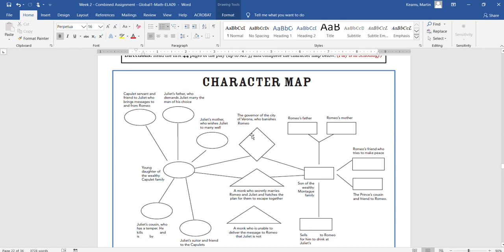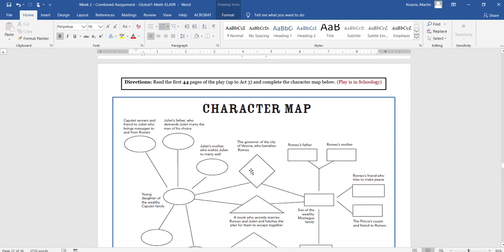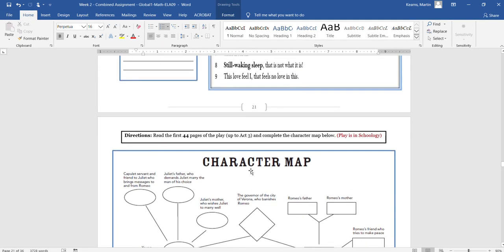I'm going to give you a hint. Juliet goes here, and Romeo goes here, and everybody else is an offshoot from them. All right, do your best with that, okay? The play can be found in Schoology under the Week 2 assignment, which I'm going to show you right now.